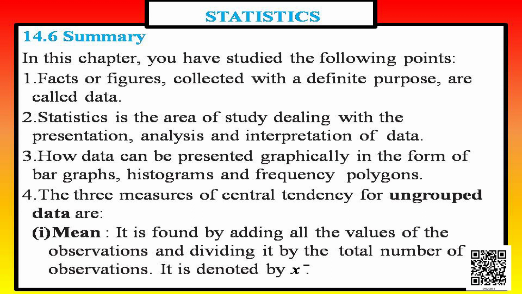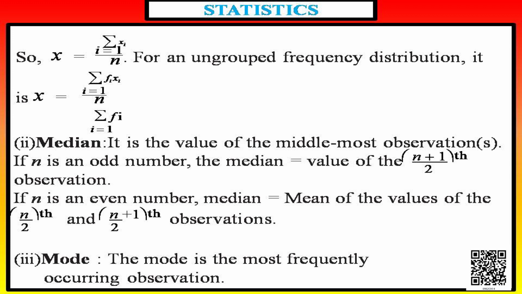Then we learned that how data can be presented graphically in the form of bar graphs, histograms and frequency polygons. And at the last, we learned the three means of central tendency for ungrouped data, and they are mean, median and mode. So, we have gone through all this aspect of statistics, and I hope you all have understood and learned statistics.